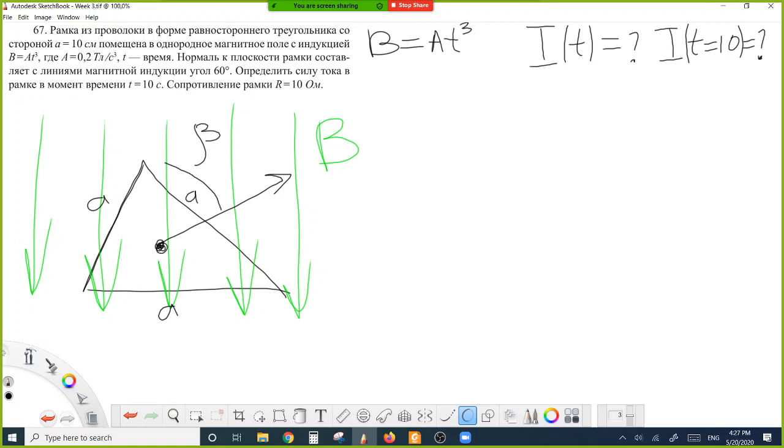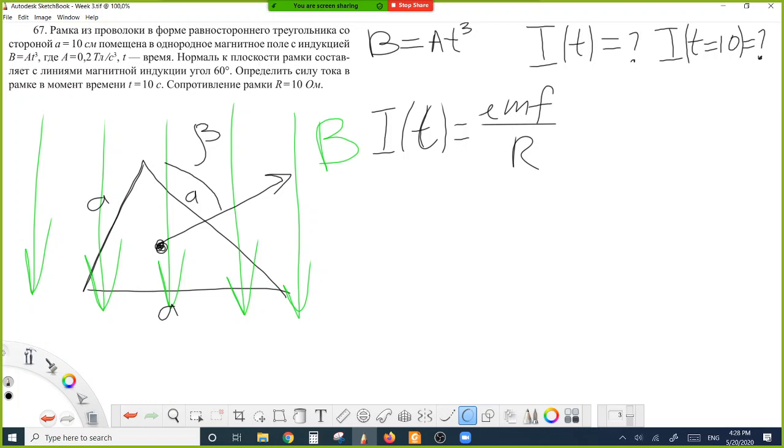So we proceed exactly as we did in the previous problem. We know that current with respect to time is equal to electromotive force over the resistance. Resistance is given.